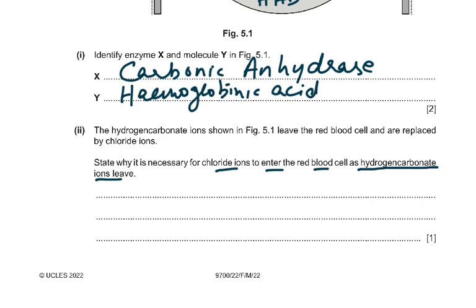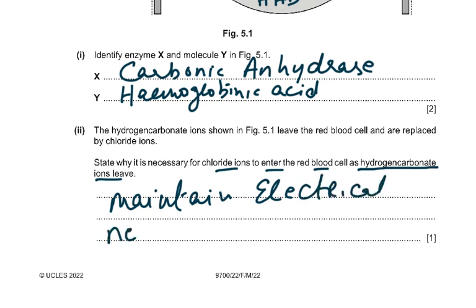Only if the electrical neutrality is maintained, otherwise they'll become charged and they'll repel each other. Or you could have said negative ions entering the red blood cell replace a negative ion leaving, or you could have said reducing charge separation across the membrane. So that's all what you could have said.